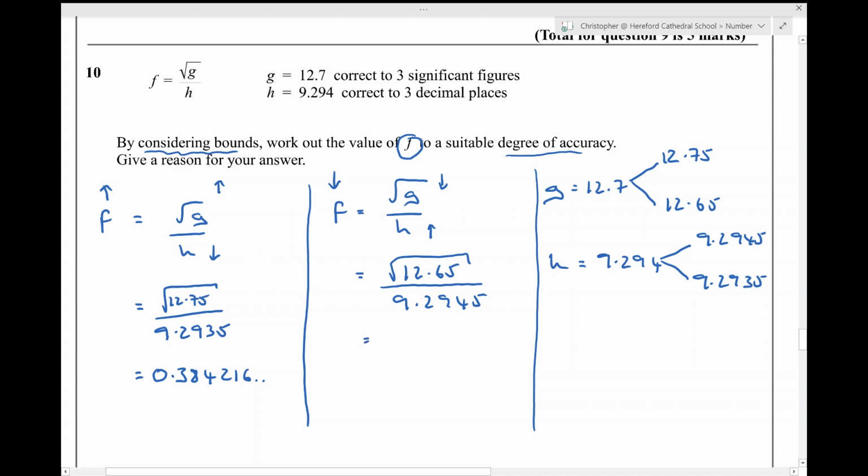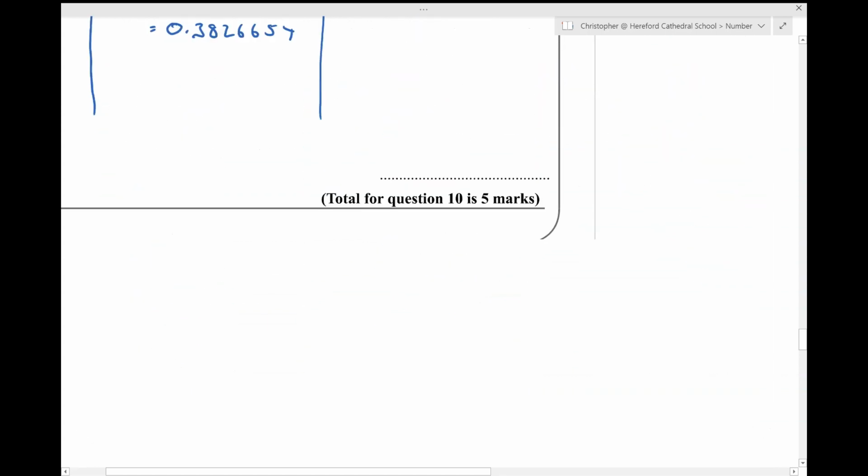Okay, put that in my calculator. Use the fraction, square root on the top of the fraction, 12.65, and on the denominator, 9.2945. That gives me 0.3826654.